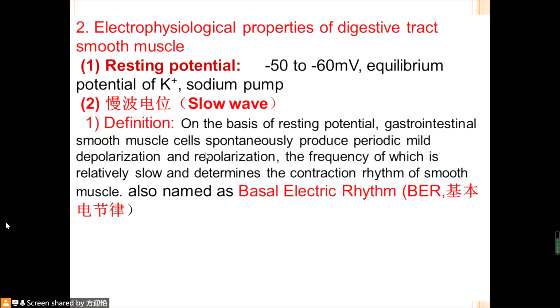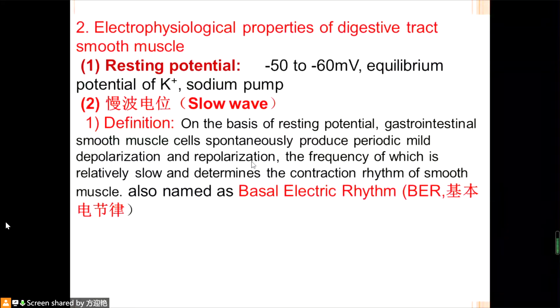Okay. And this BER, I hope you remember, is a very important definition. This basic electrical rhythm or slow wave is not an action potential. It is depolarization and repolarization like a local potential, and it must reach the threshold potential before it can produce an action potential.